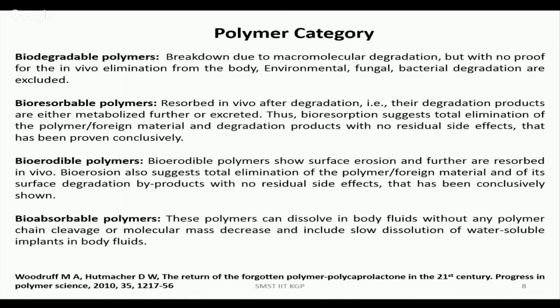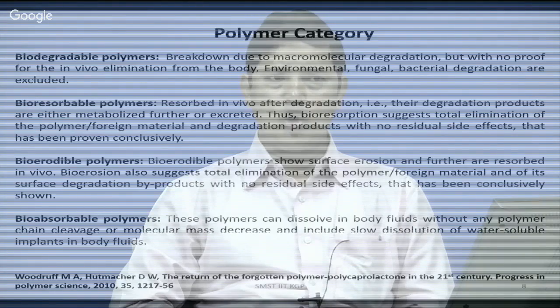Bioinert polymers are used for load bearing applications as permanent implants, whereas biodegradable polymers are used as transient implants. Similarly, we will see there are some compositions of ceramics and some compositions of metals which are also biodegradable or bioresorbable.